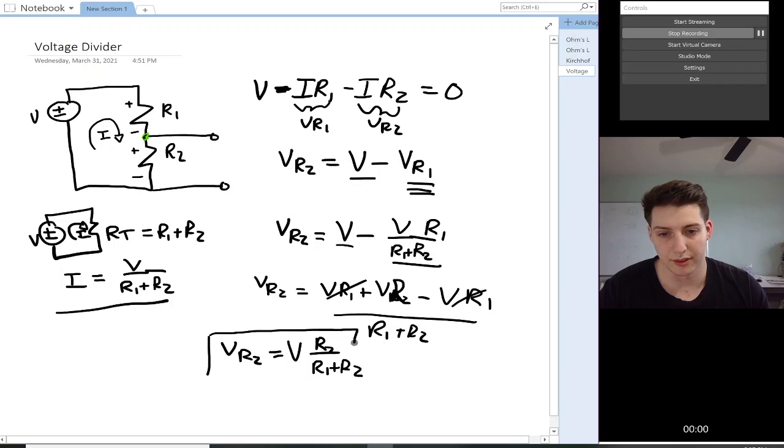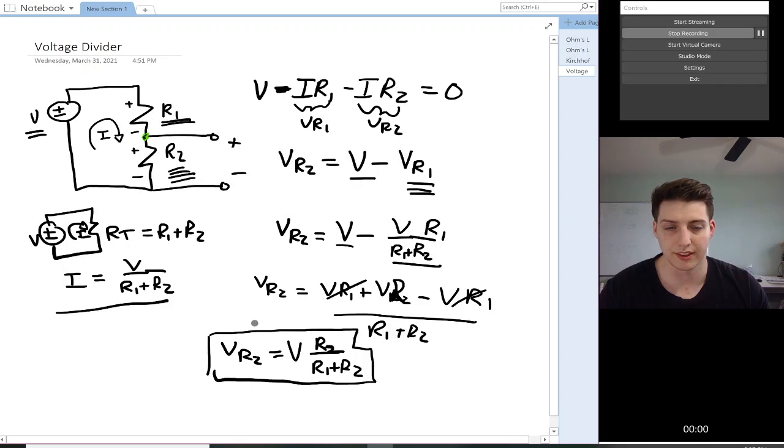And this is our voltage divider. So this voltage right here is equal to the initial voltage that we know times R2, which we would know, divided by R1, which we know, plus R2. So that gives us our voltage divider.